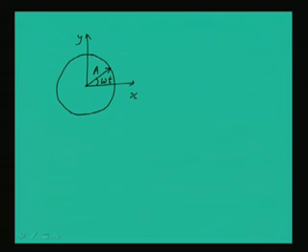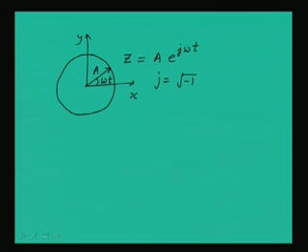So we are representing a vector z as A e^(j omega t). j is nothing but the root of -1. Omega is the speed at which this z vector is rotating in the anti-clockwise direction inside the circle, and A is the amplitude of this signal. So we express it like this.